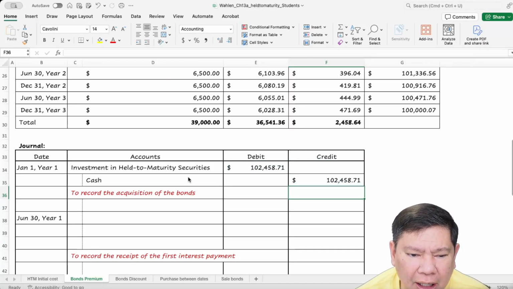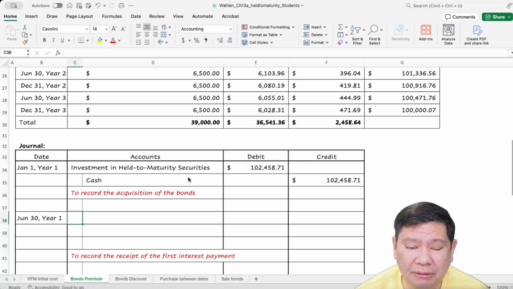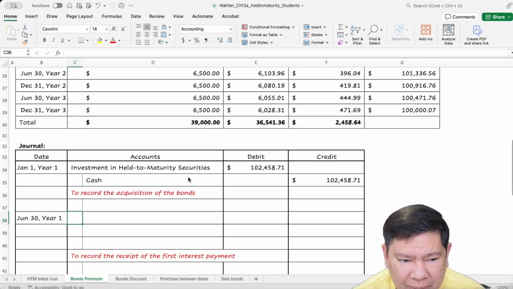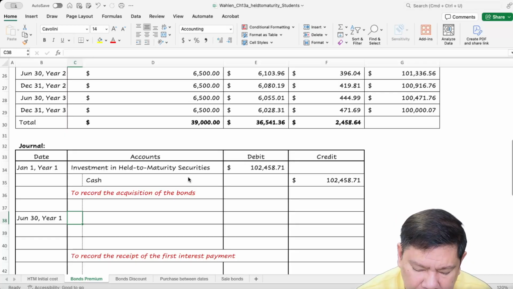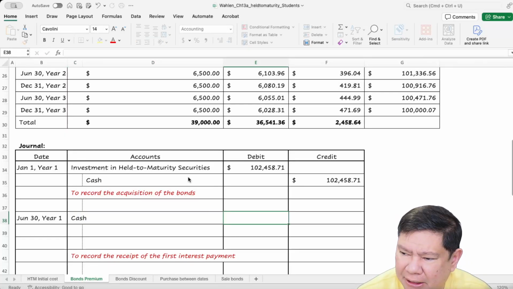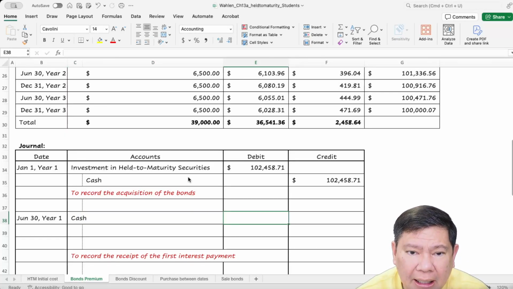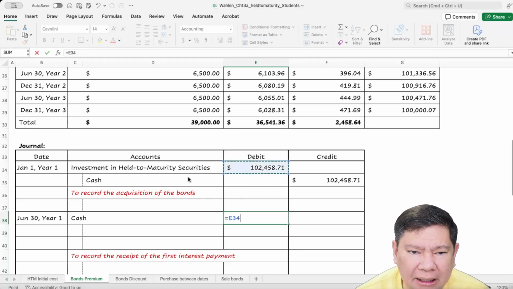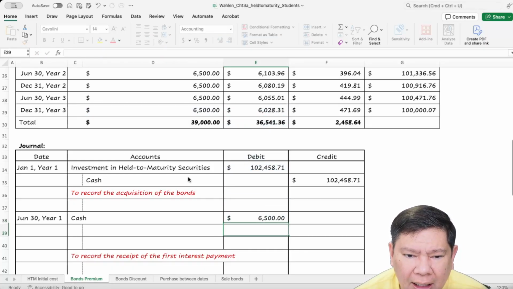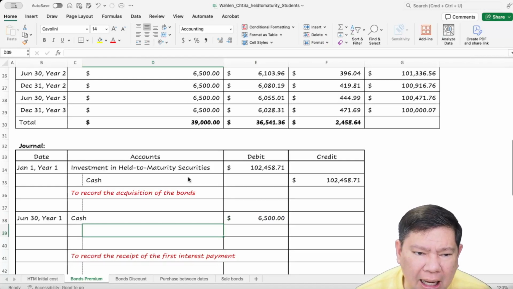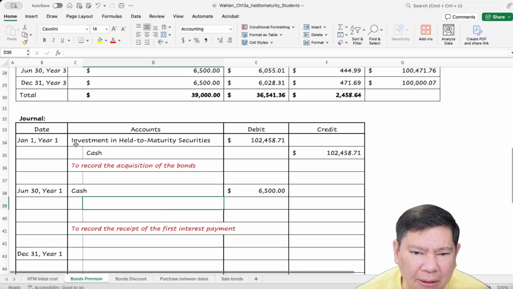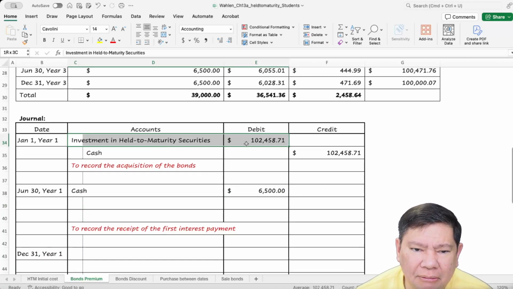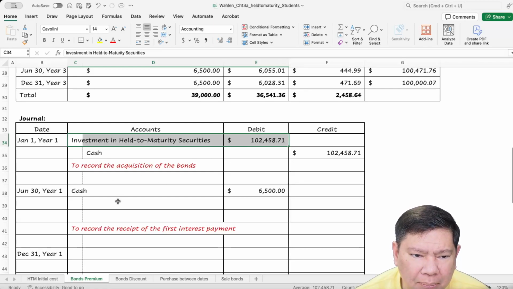And then on June 30th, year 1, we're going to receive our first interest payment. So we'll get cash, as promised, 6,500. Okay, and then we will amortize the premium. That will reduce the value of the investment.